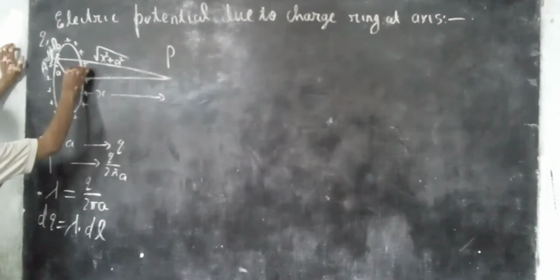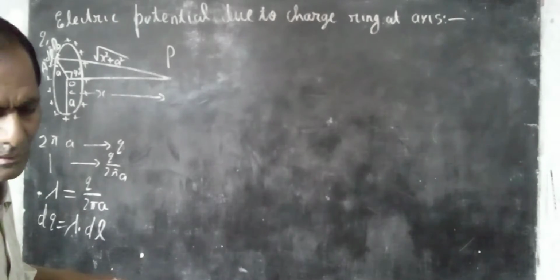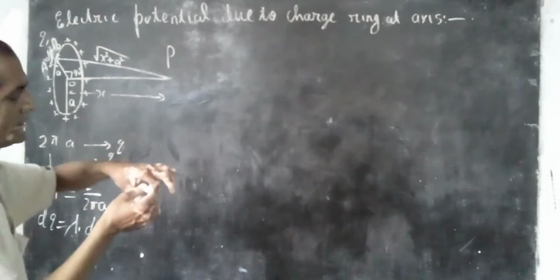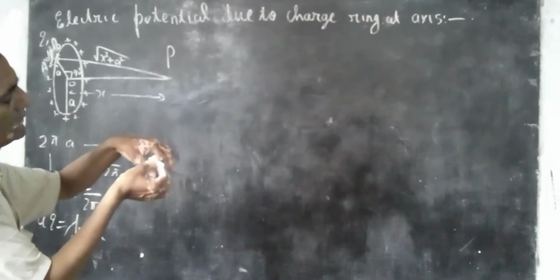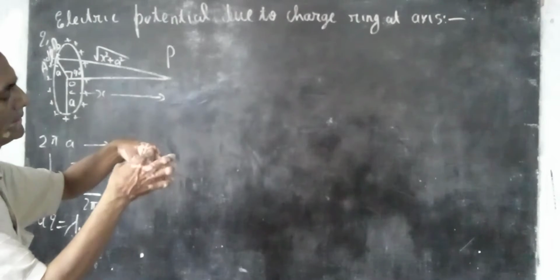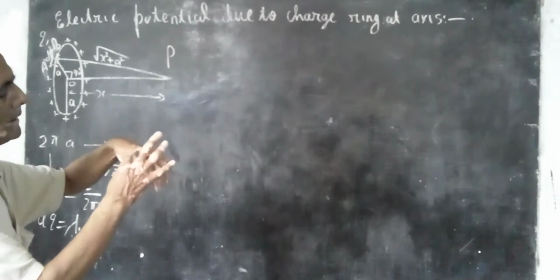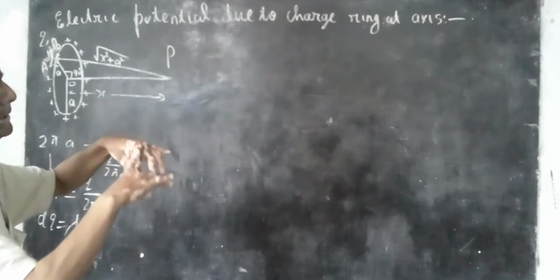This is your axis. This is your plane of the ring, and this is the radius. The angle between radius and axis is 90 degrees. And this is your tangent.